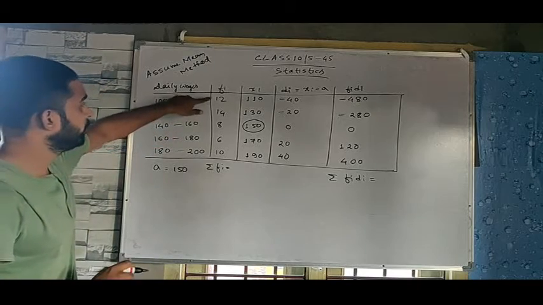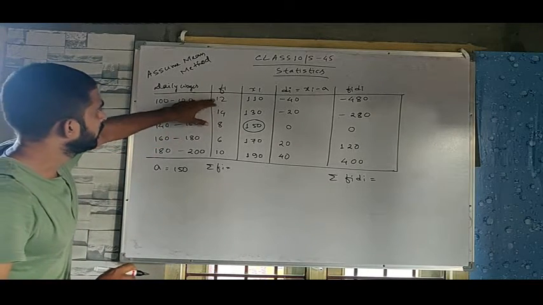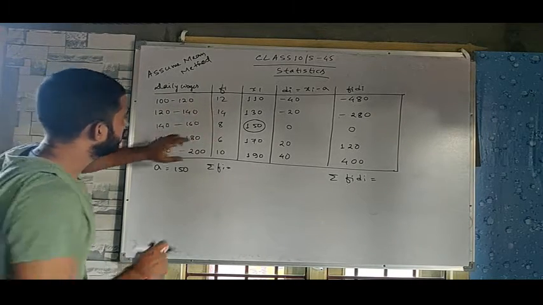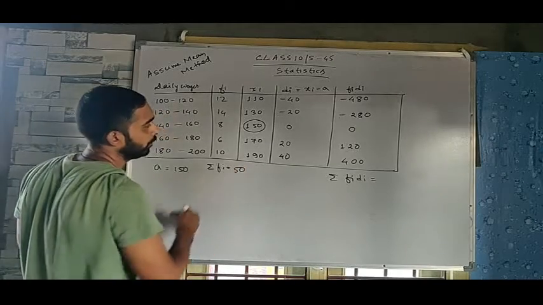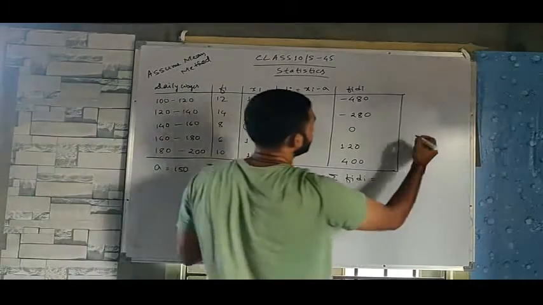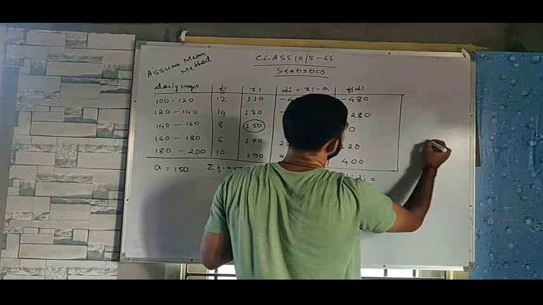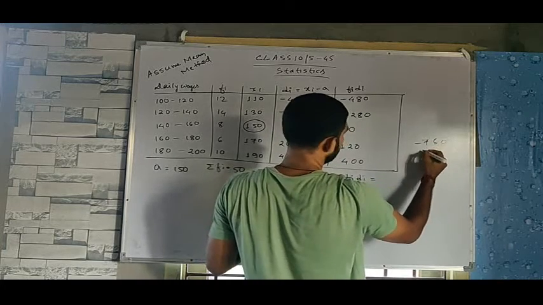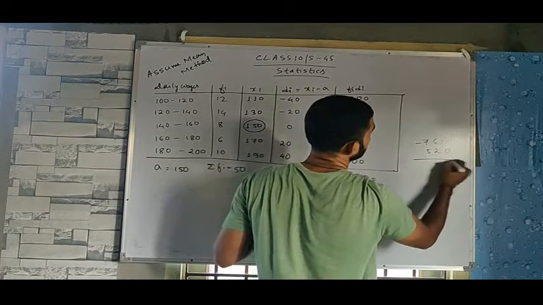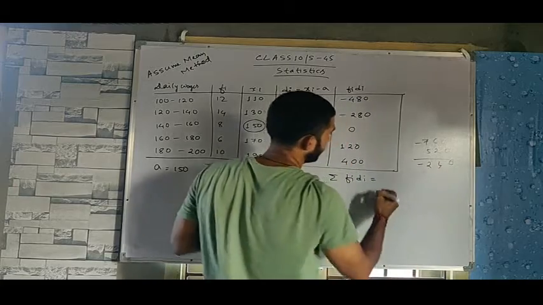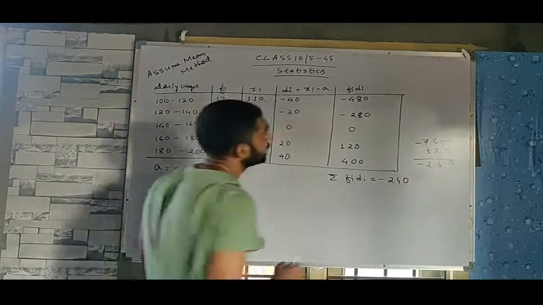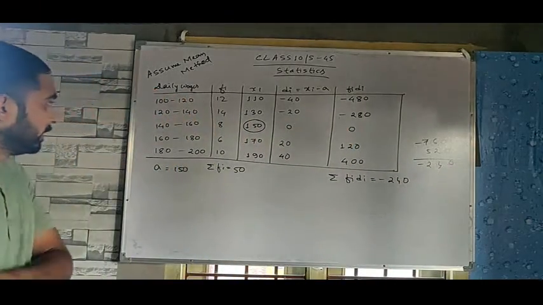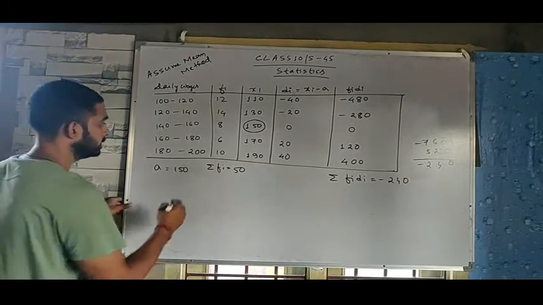What is the sum of fi? 20, 30, 40, 50. So summation fi is 50. Now the sum of fi di is minus 760 plus 520 plus 240, which gives minus 240, the summation of fi di.